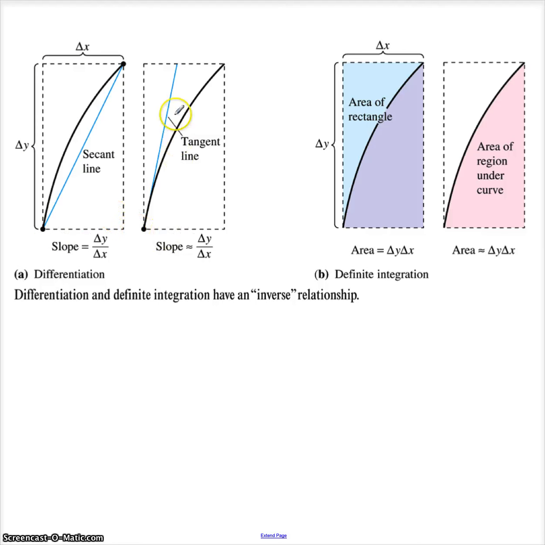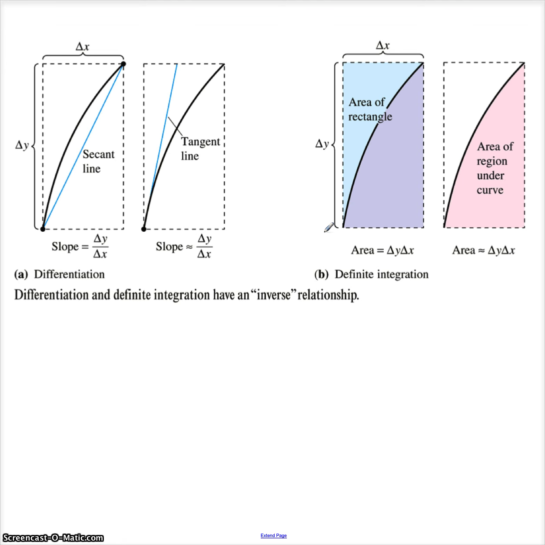While in calculus, we were looking at tangent lines, and in tangent lines, we could approximate the slope as delta y over delta x at any given point. Now, the area of a rectangle is delta x times delta y, while the area under a curve could be approximated by delta y times delta x. So it turns out that these two are related. They're very closely related. As a matter of fact, they're inverses of each other.